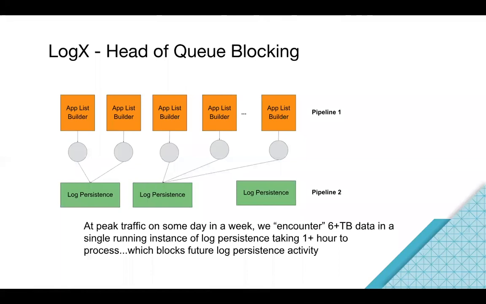And when it is experiencing the peak traffic, it will block the following instance of log persistence from executing. Then the newly arrived application from the app list builder pipeline will just be backlogged, and the overall throughput of the system would just be down.